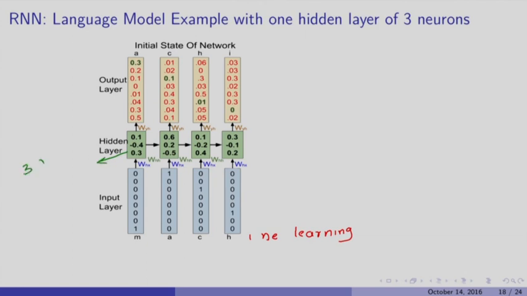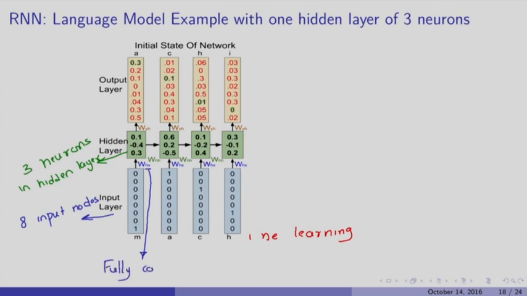What we see here is 3 neurons in hidden layer corresponding to 8 input nodes. So this WHX we'll assume is a fully connected network, which means there are 8 into 3, which is 24 weights.